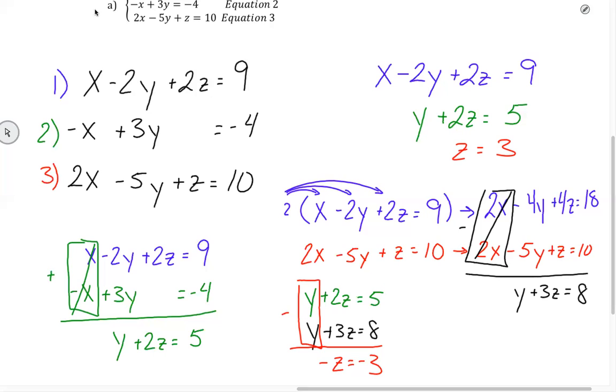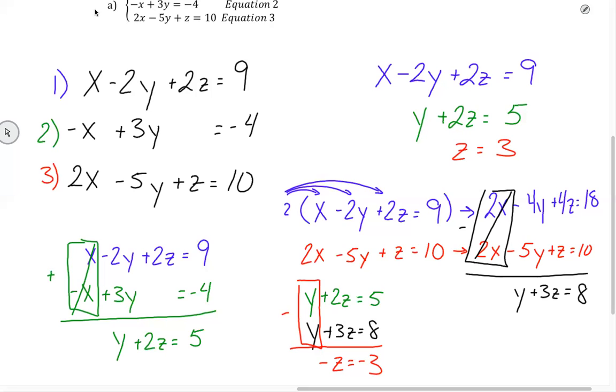Now, that's all the work just to find z. I didn't find x. I didn't find y. I found z. Now, how do you find x and y? Plug z back in.